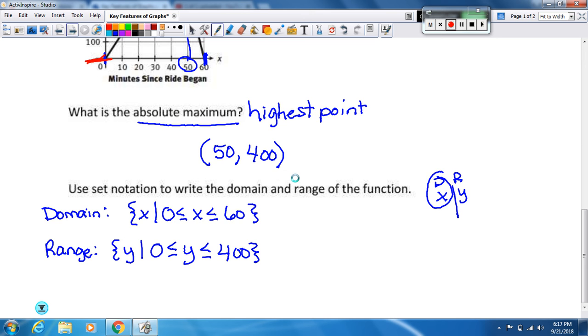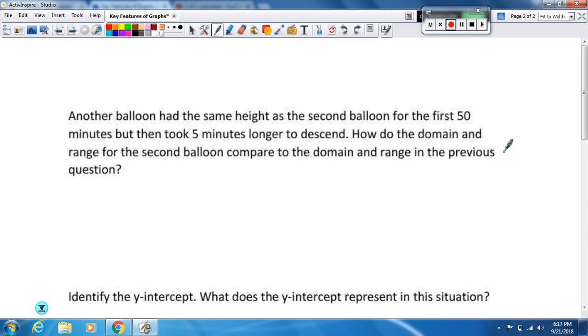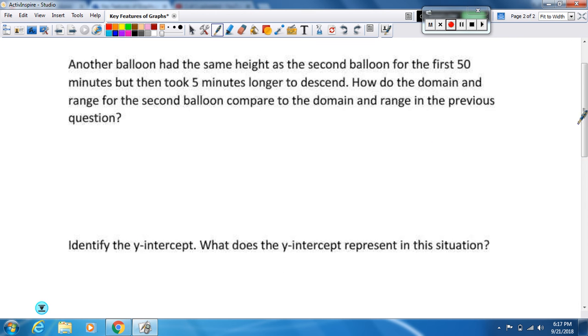Okay, the next one. Another balloon had the same height as the second balloon for the first 50 minutes, but then took 5 minutes longer to descend. How did the domain and range for the second balloon compare to the domain and range in the previous question?